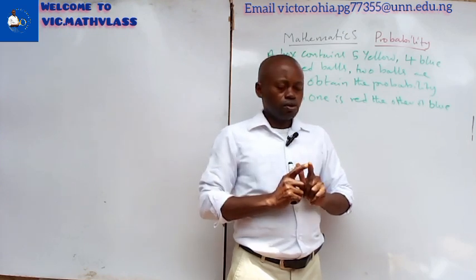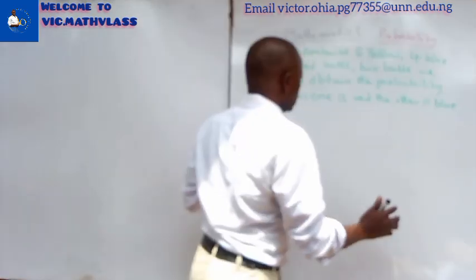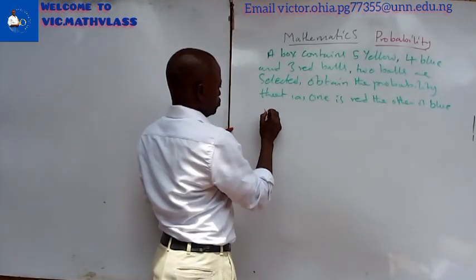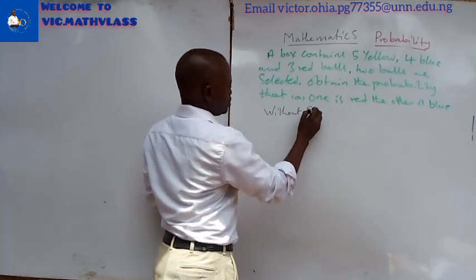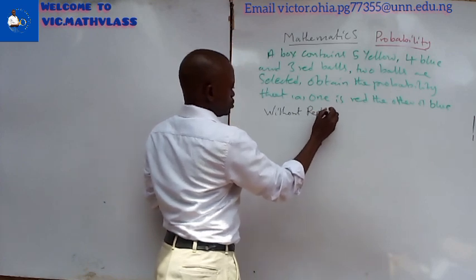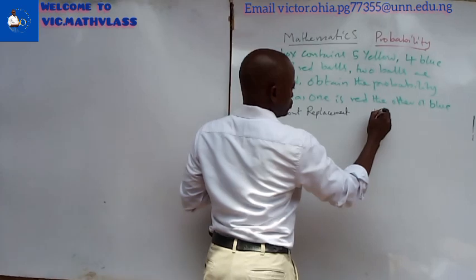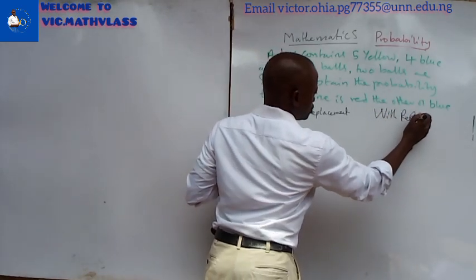In this case also, we are still going to see how this selection can be without replacement. I want to take the two at once, without replacement and with replacement.